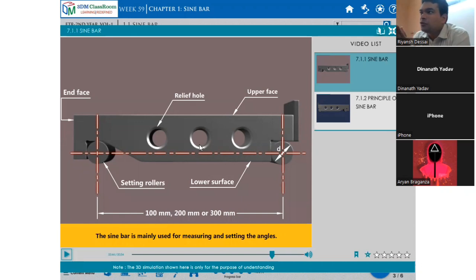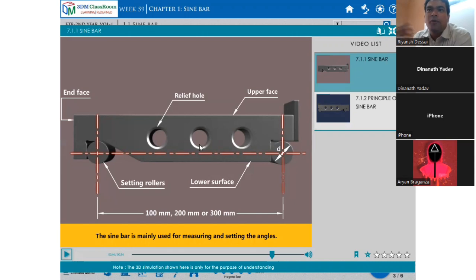By using that trigonometric ratio, we can find out the angle of the taper component and measure or set any required angle by using the sine bar along with slip gauges. The accuracy of this instrument is 1 minute.